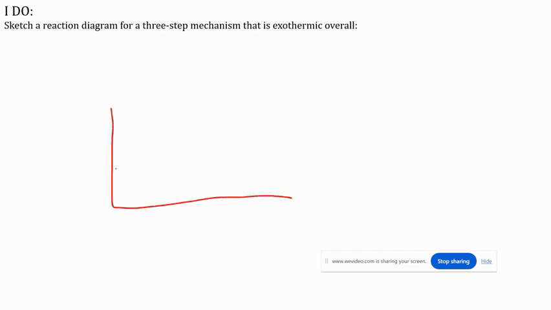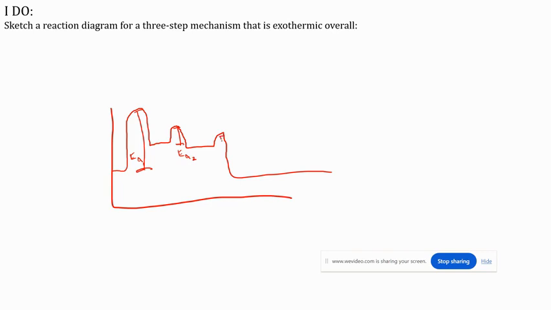All right, you want your first step to be the slow step, yes? So I'm going to make that one a high bump. Okay, so here's my first step. We have EA here, EA1 we'll call it. This will be your activation energy 2.